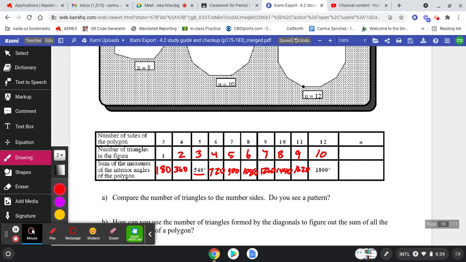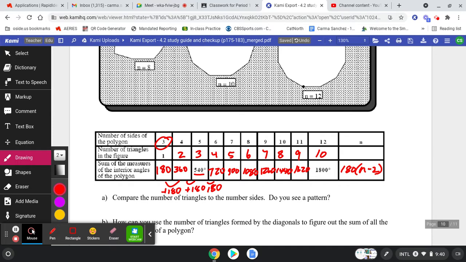And so we're noticing that it's repeatedly adding 180 because there's another triangle being added every time. How do we show repeated addition? We show that it's 180 multiplying by the number n minus 2, because we're going to take off the 2 consecutive sides.